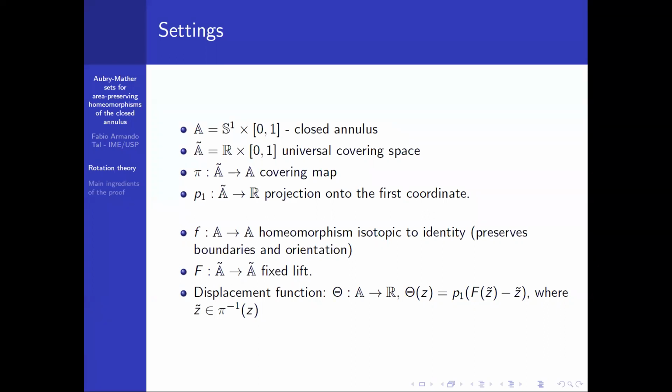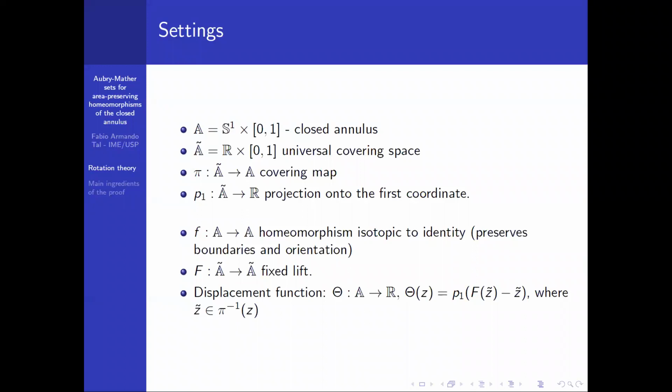I have a fixed lift, which is, I lift this homeomorphism from the annulus to the strip, and then I can define something called the displacement function, which is how much a point has moved. If I have here A, and I take a point z here, and I look at where it ends, f of z is here, then I just measure how much is the displacement on the horizontal.